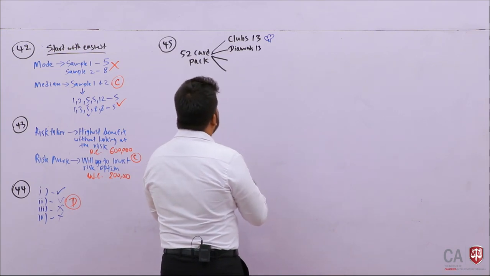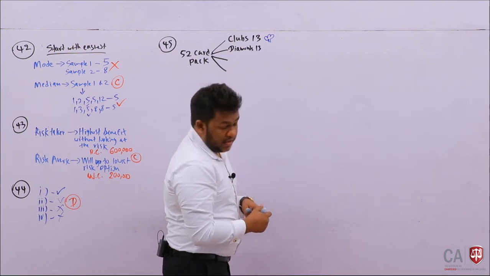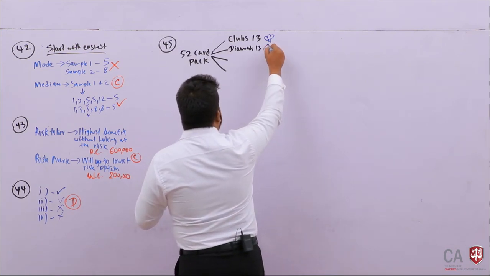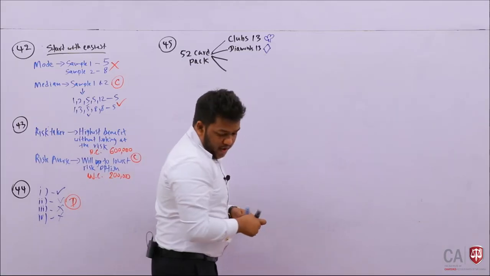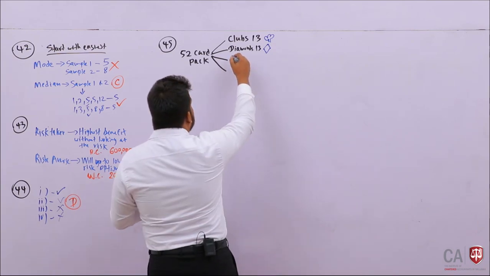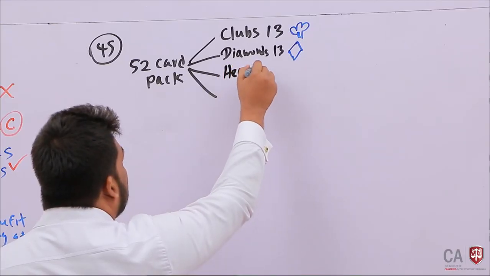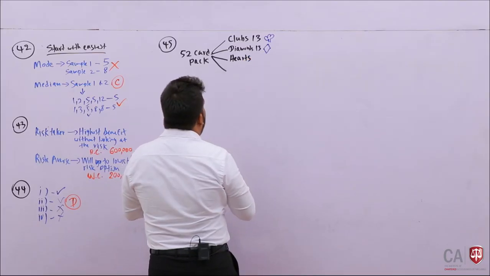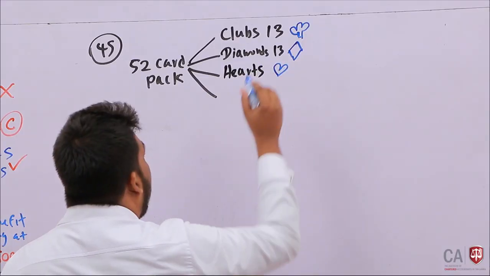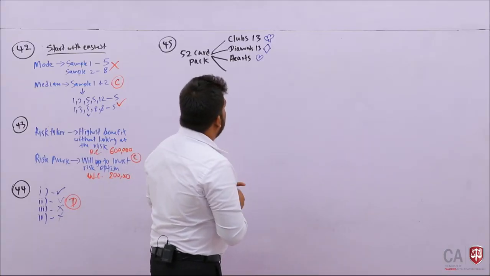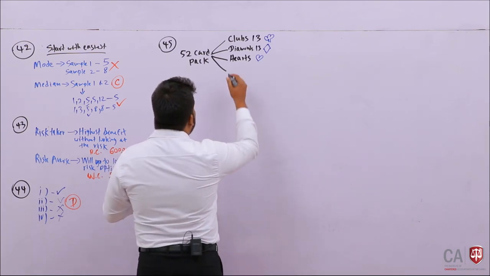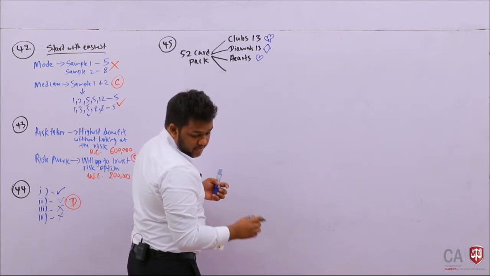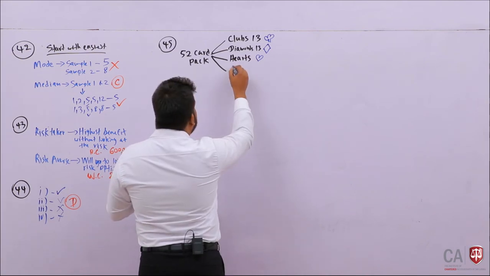We tell it as Ruvita in Sinhala. Then you have hearts. Heart will be Harata in Sinhala. So this is hearts. Then you will have spades.